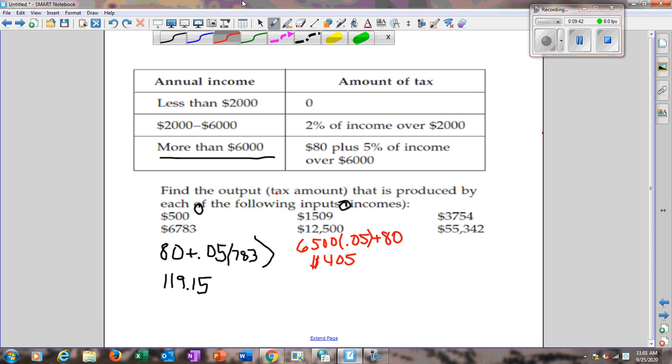It gives you 49,342 times 0.05 plus 80, and we get $2,547.10. So that would be our total tax revenue.